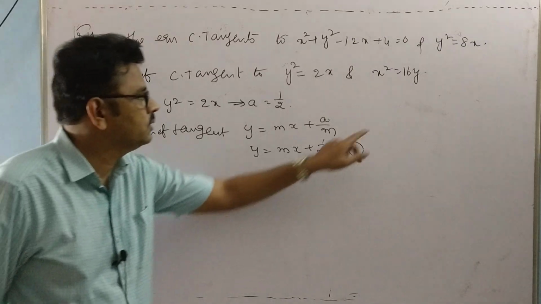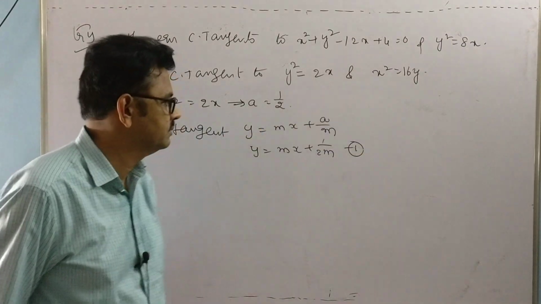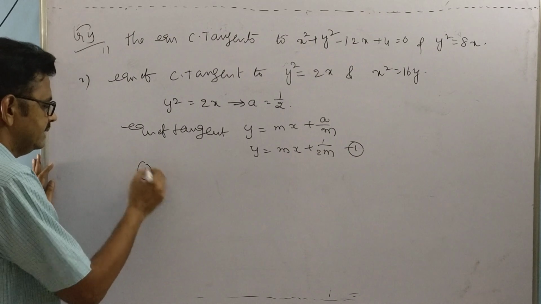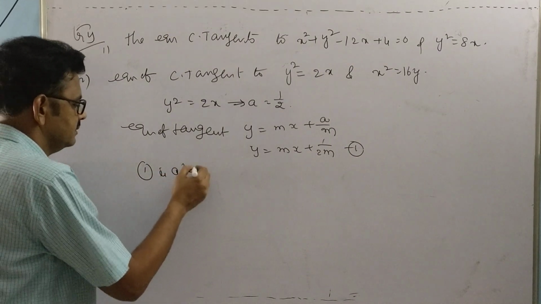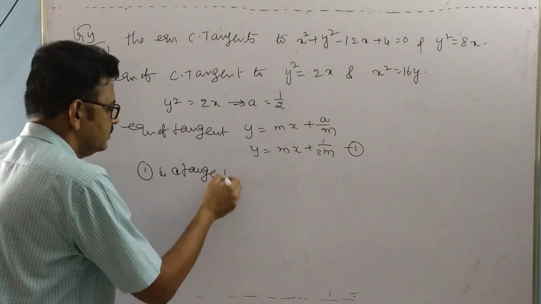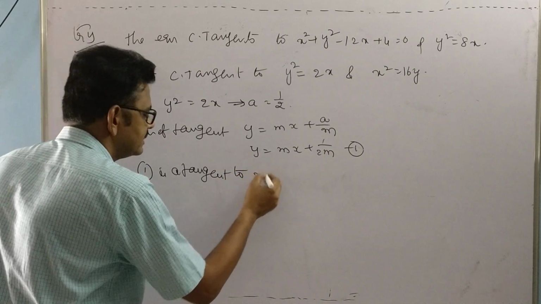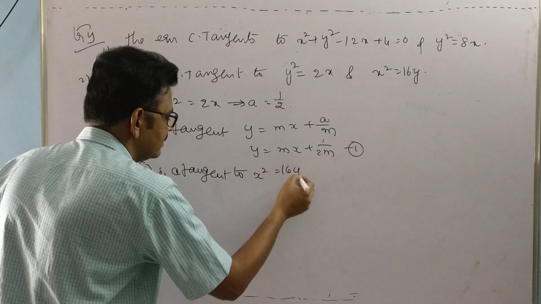Now 1 is also a tangent to this parabola. So 1 is a tangent to the parabola x square equal to 16y.